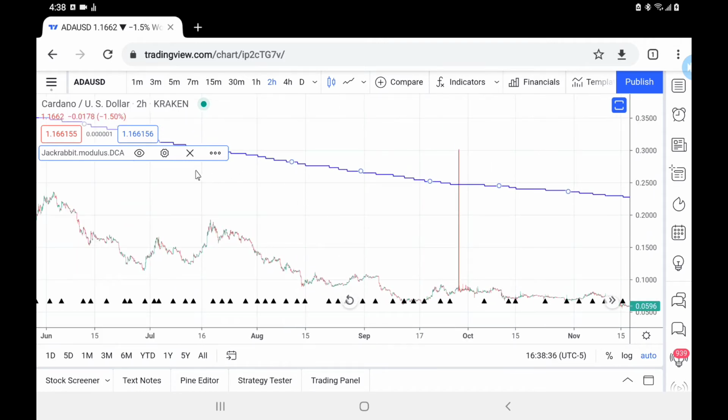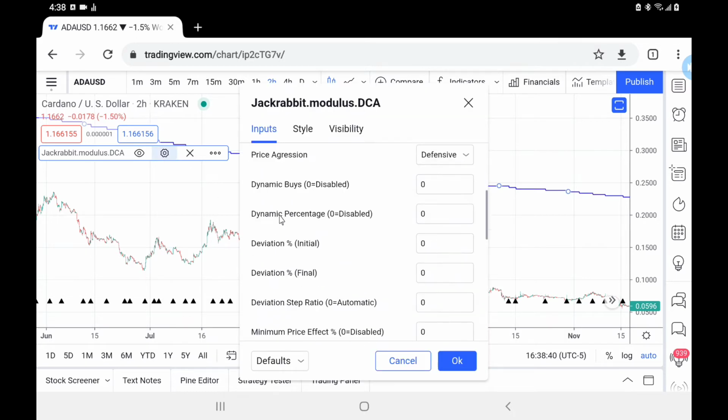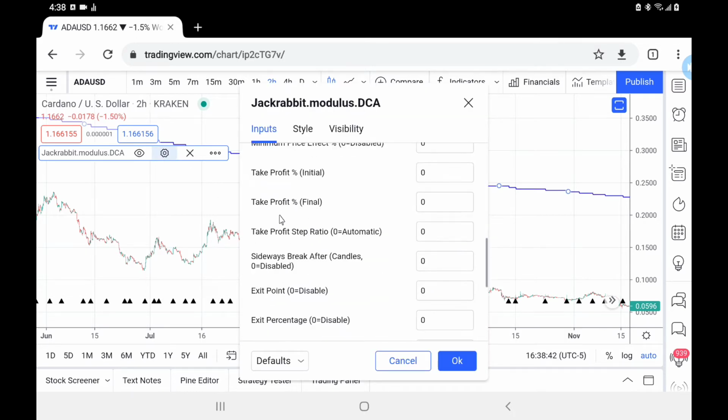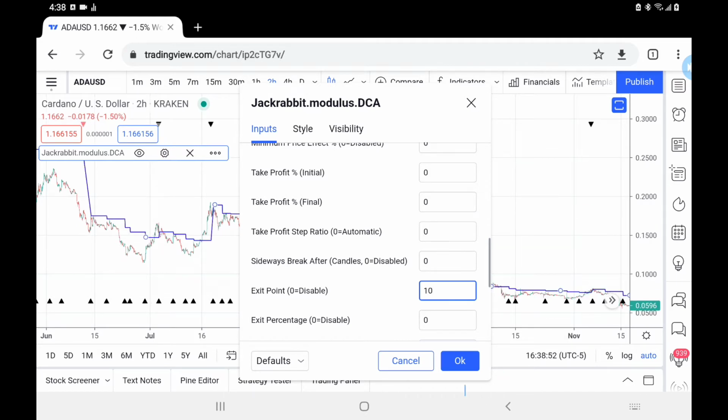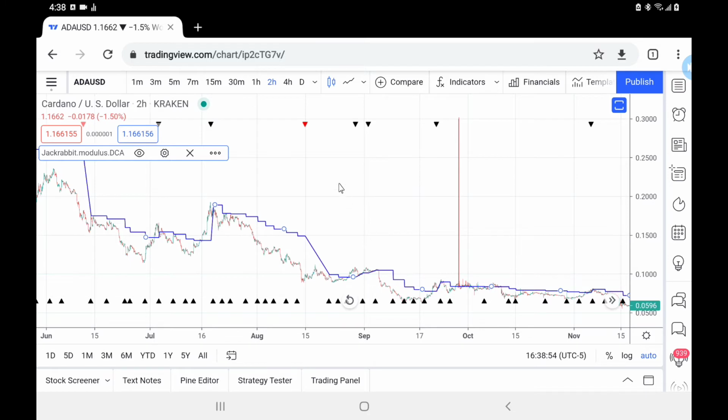What happens if we put an exit position on this? I don't want to go above 10 positions. Okay, we have an exit position. What does it do to my profit?